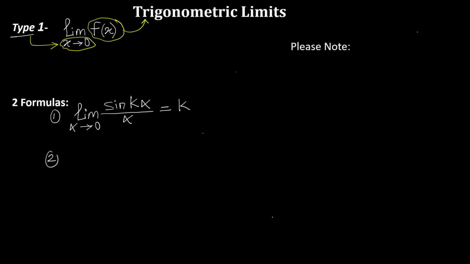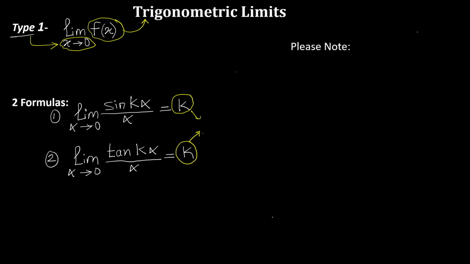The result number 2 that we will be using is limit alpha tending to 0 tan of k alpha divide by alpha is equal to k, and this k is nothing but some constant value, so k is just a constant.